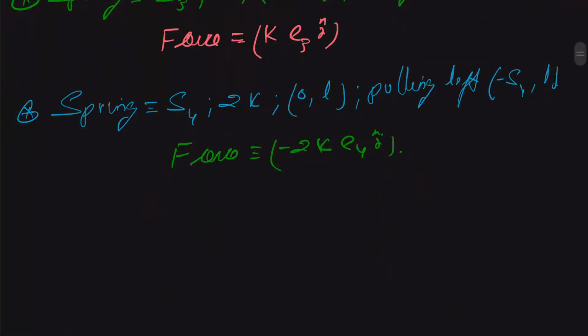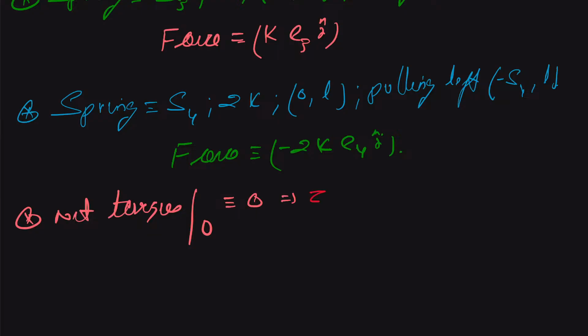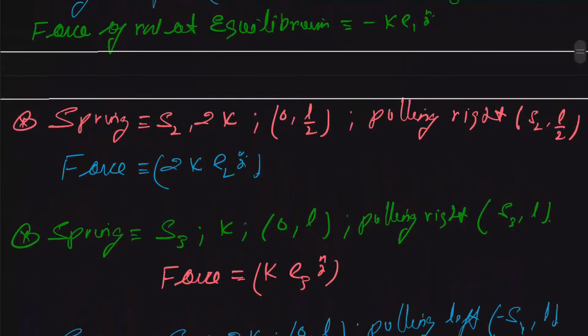Therefore we can write that our net torque about O will be equal to 0. Or we can say our tau is equal to 0. And so we already know forces, we can simply calculate their torque.